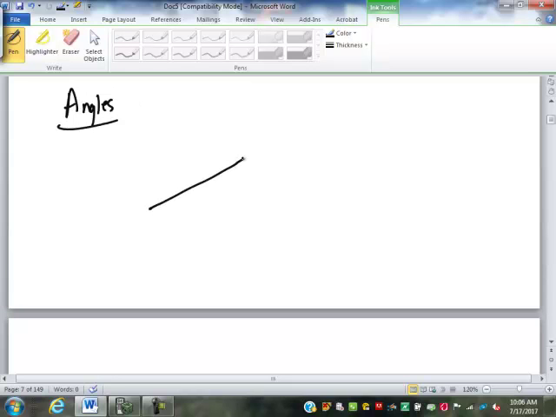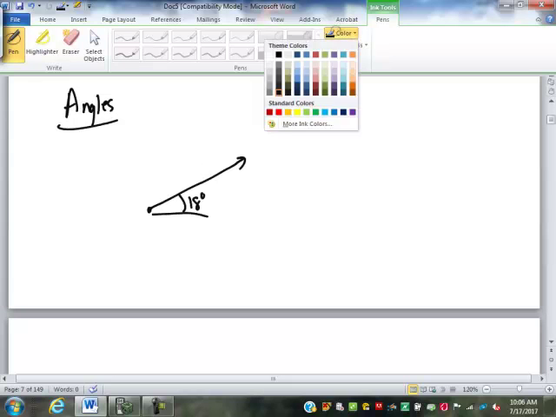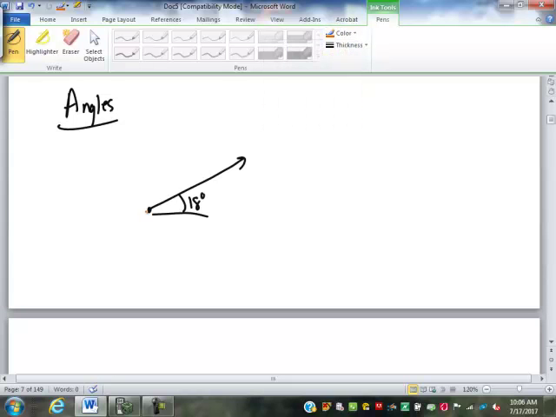You know, if we got a ray that goes off what we would define to be like an 18-degree direction, and we have another ray that goes off at what we would define to be a 71-degree direction, the angle formed between those two rays is 71 minus 18, or a 53-degree angle.